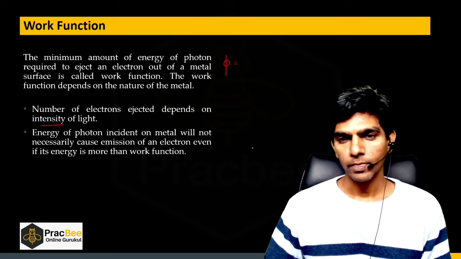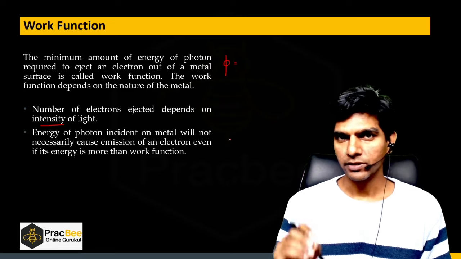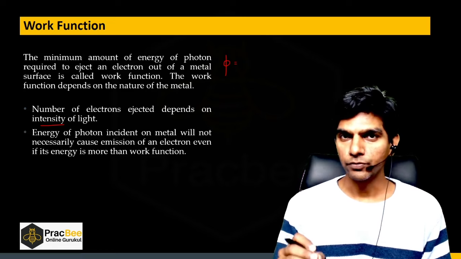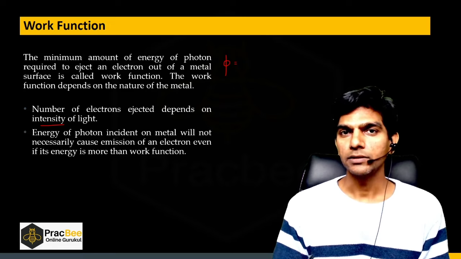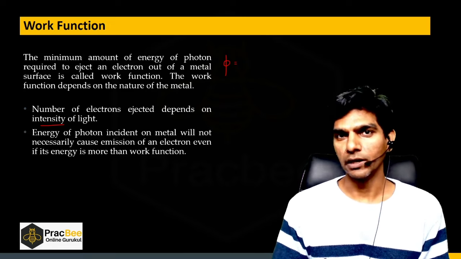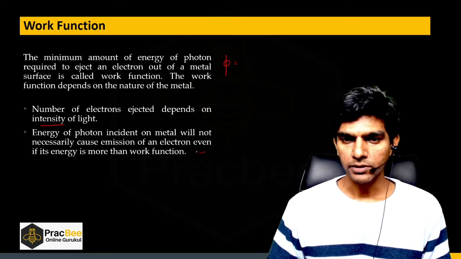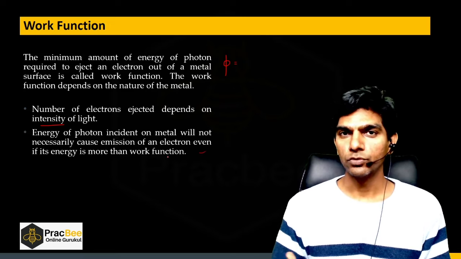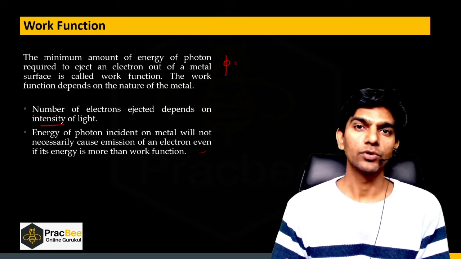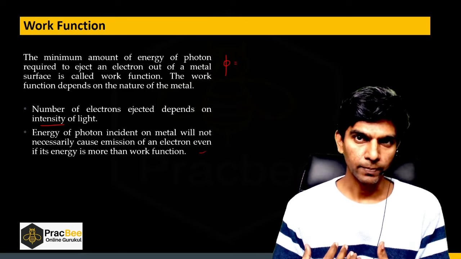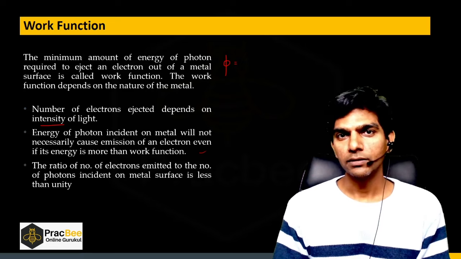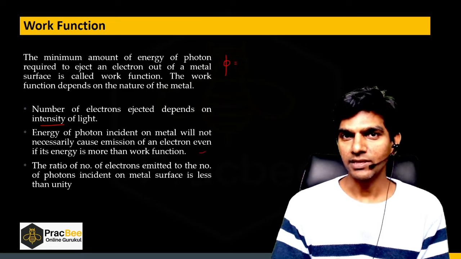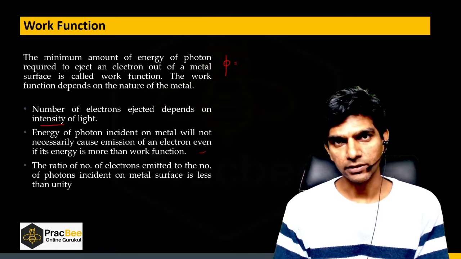Suppose the photon is absorbed by an electron which is not loosely bound; in that case, we will not be able to remove that electron. That's why the number of ejected photoelectrons is always less than the number of incident photons of sufficient energy. But if nothing is given in the question, you can assume the number of photons incident is the same as the number of photoelectrons ejected.